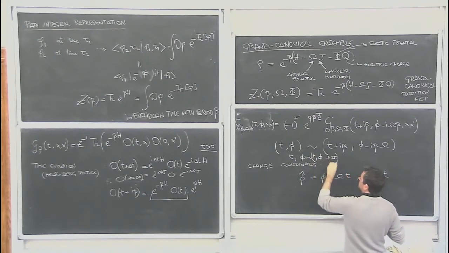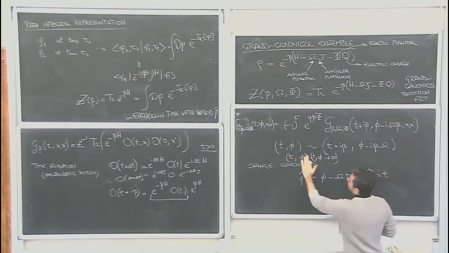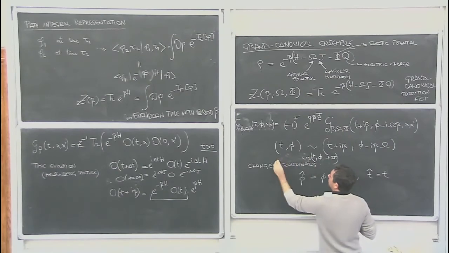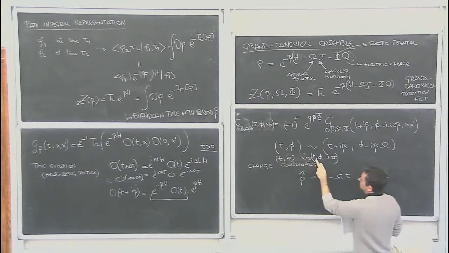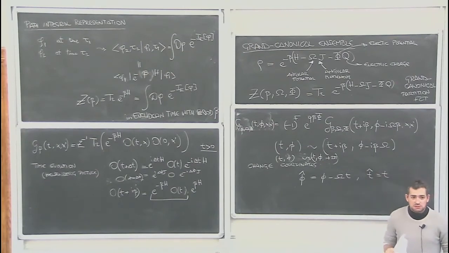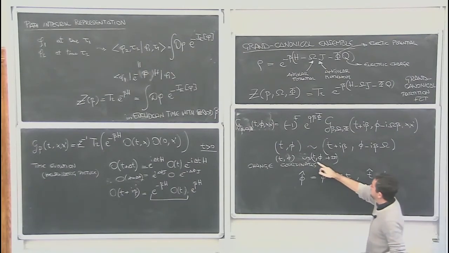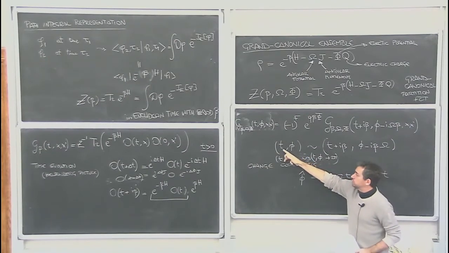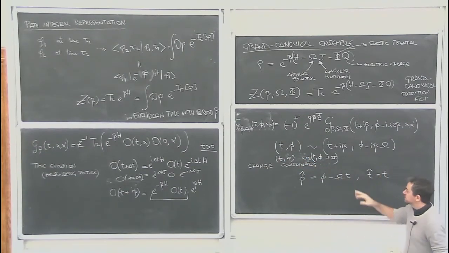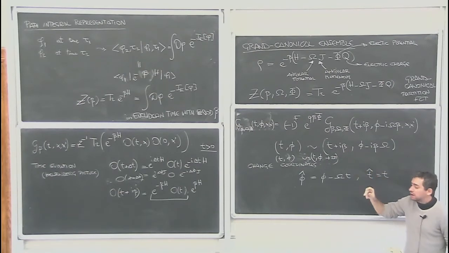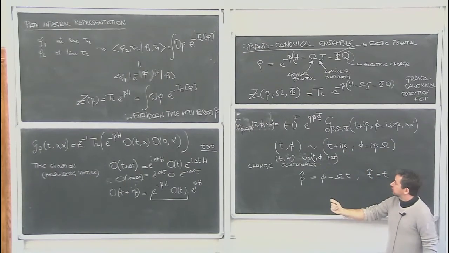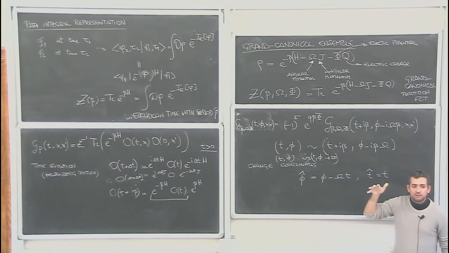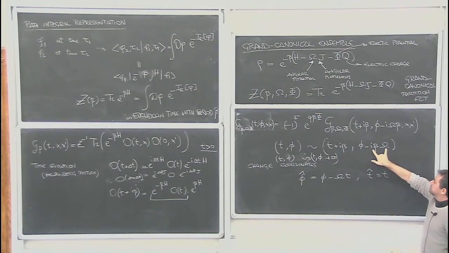I don't move along t. So (t, phi) is also identified with (t, phi plus 2 pi). Let's say this is the case in Minkowski spacetime, where phi is the coordinate we have been using so far. But I also have another identification that corresponds to moving along the t circle. It's not a circle yet because I have this imaginary period. But when I do the tour along t, I also need to rotate along phi. Then you can ask, if this is only defined modulo 2 pi. Okay, yes, it's true.